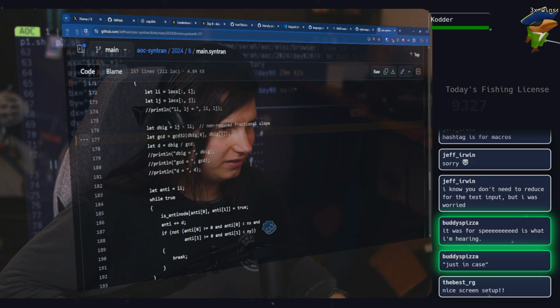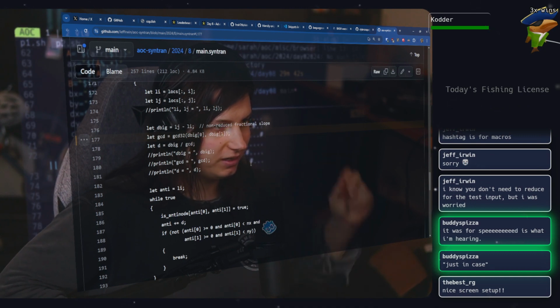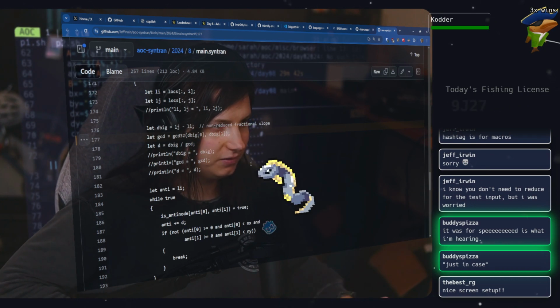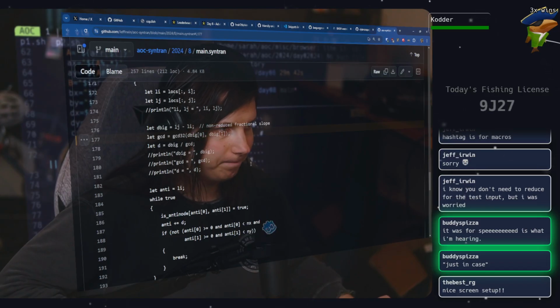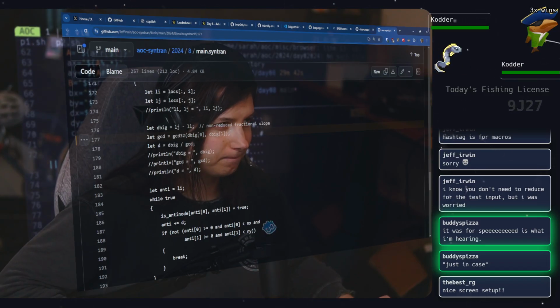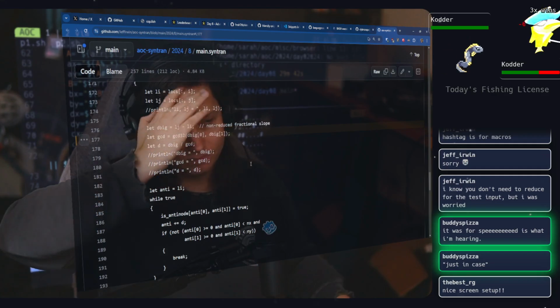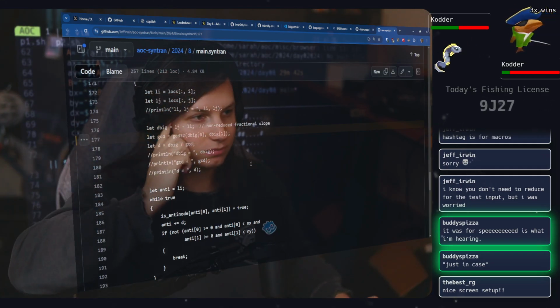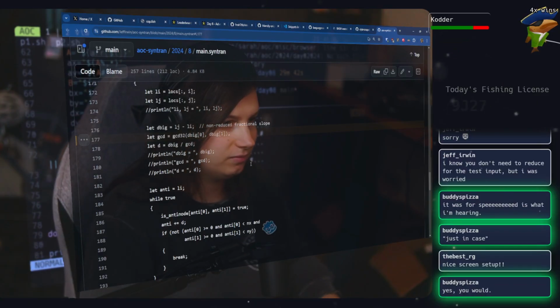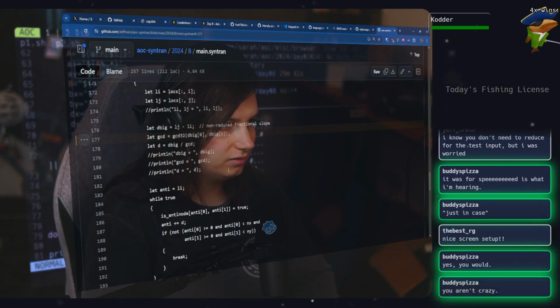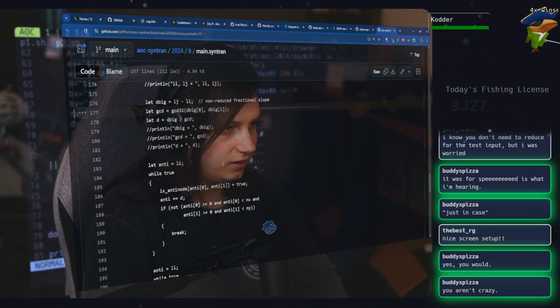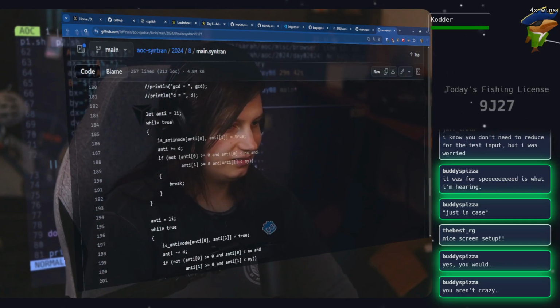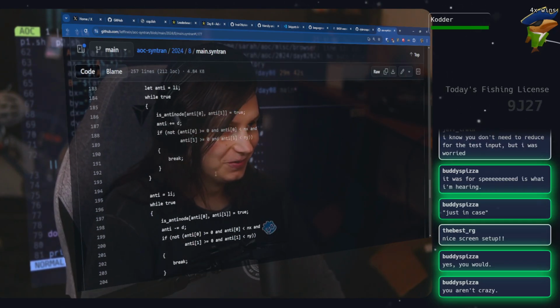Am I crazy? If you move by 1, you're gonna get the wrong answer. I feel like I'm crazy. So you're reducing it so that you can unreduce it later? Like, hello?